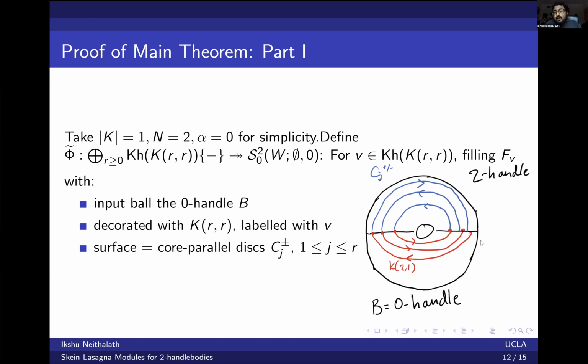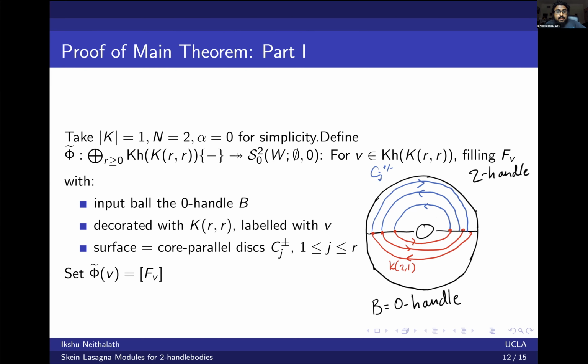So relative to the 0 handle, one of these disks oriented positively would generate the Z in the homology. So by taking 2R disks, half one way and half the other way, we get overall homology class 0. If this alpha were some other number here, we'd have to have an odd number or an unbalanced number of disks with the other orientations, but not so different. Cool. So that's the lasagna filling I'm going to assign to this element V.